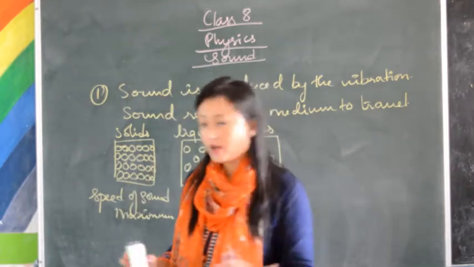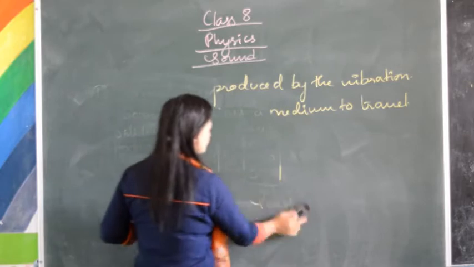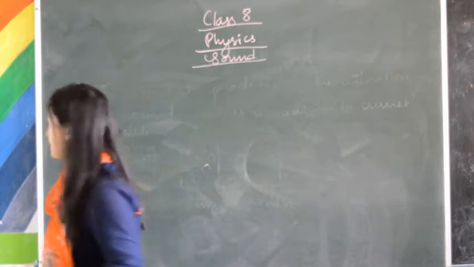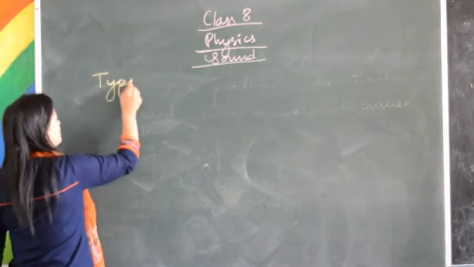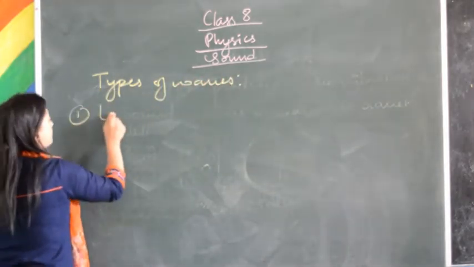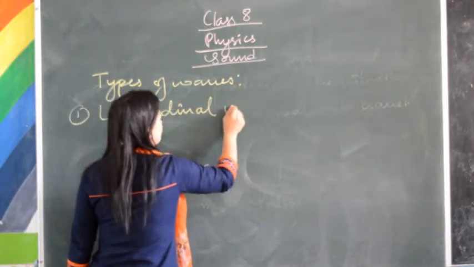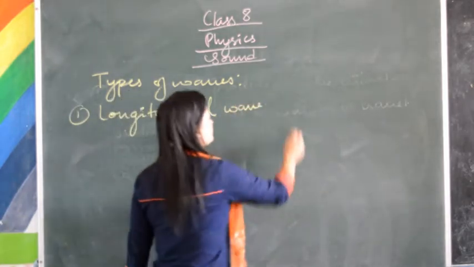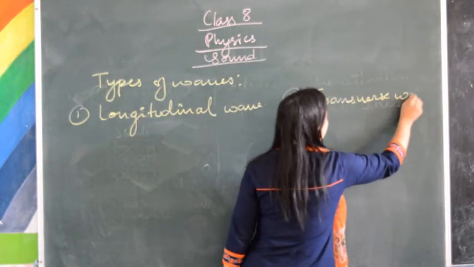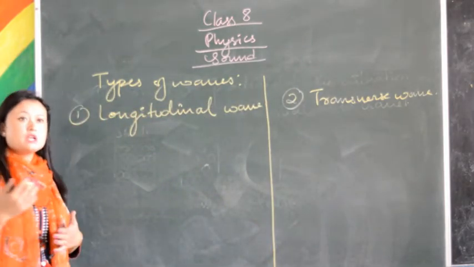There are two types of waves in which sound and light travel. One is the longitudinal wave, and the other one is the transverse wave.